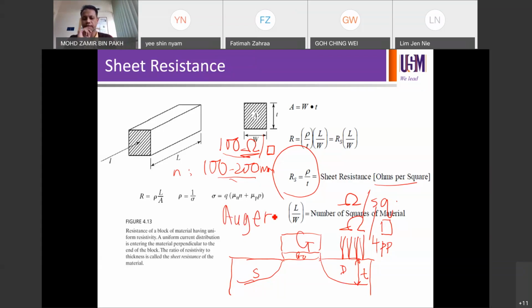Okay, what are they? Auger is one, write it here. Auger happens when you dope your layer, your device, beyond 10^17 typically per cm^3. So if you go for heavy doping, Auger.